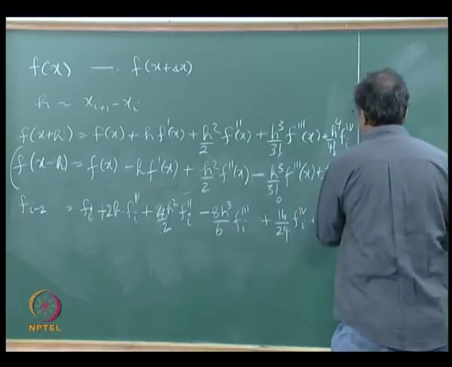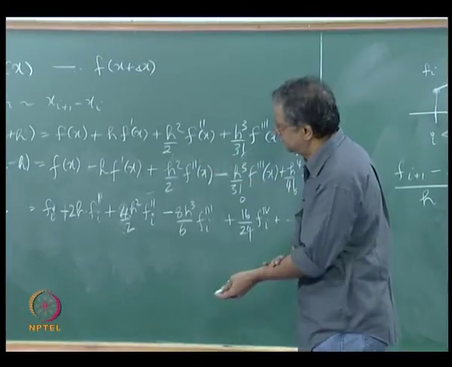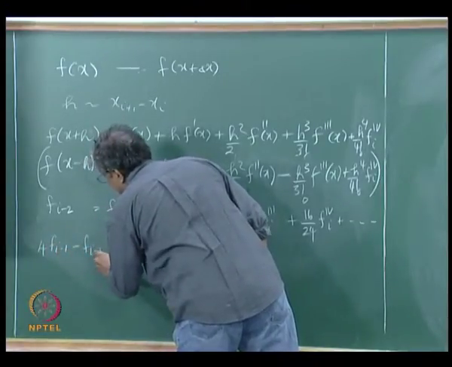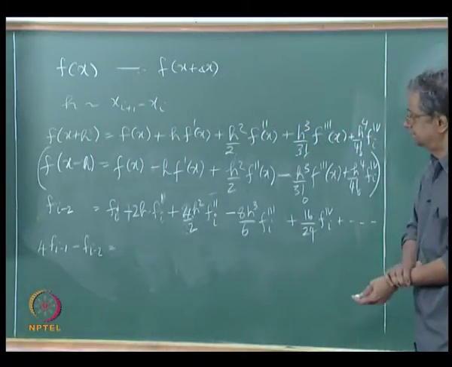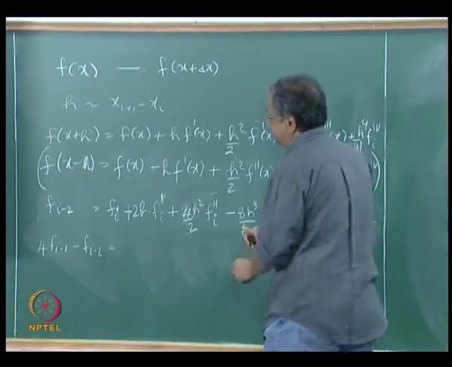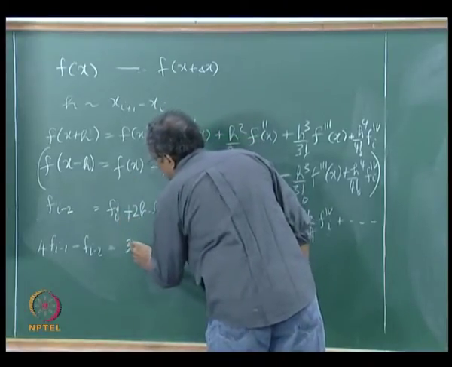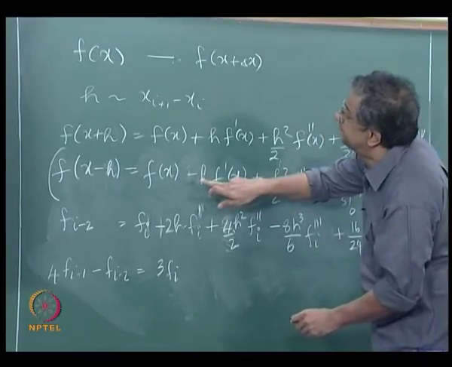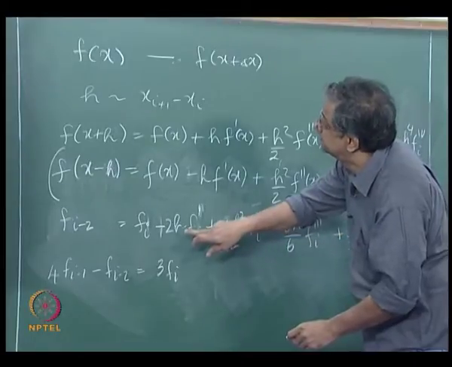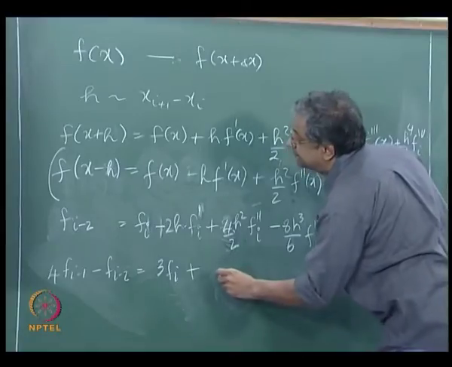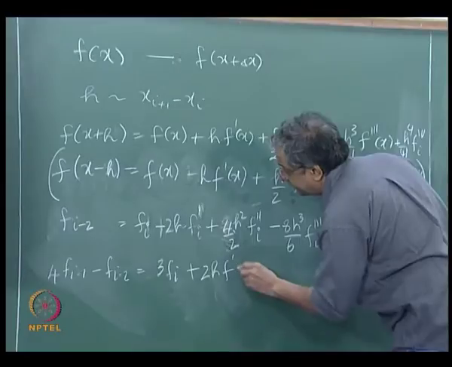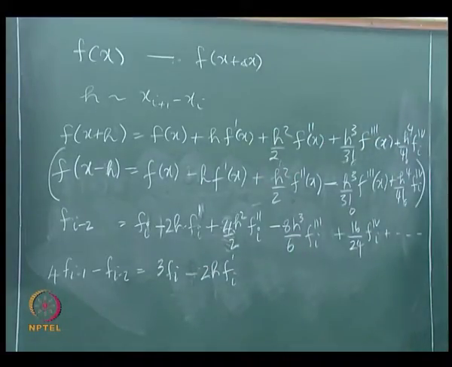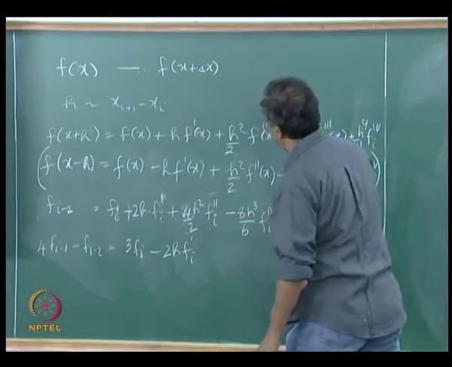So if I take this and multiply it by 4 and subtract this equation from there, what am I going to get? 4 f at I minus 1 minus f at I minus 2 equals 3 f at I, and I have a minus 2h f prime at I. Then this term and that term are going to cancel, that is the whole objective.